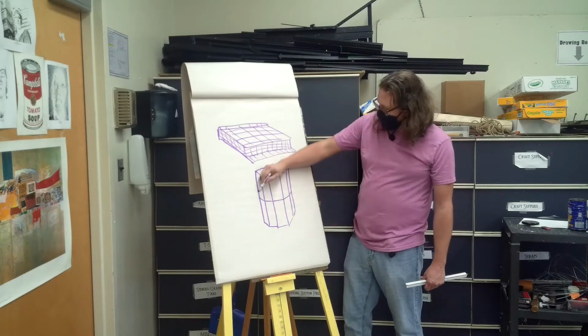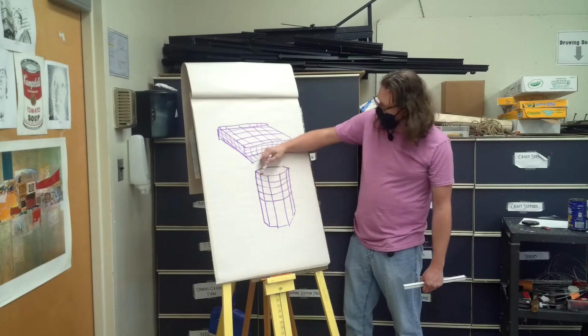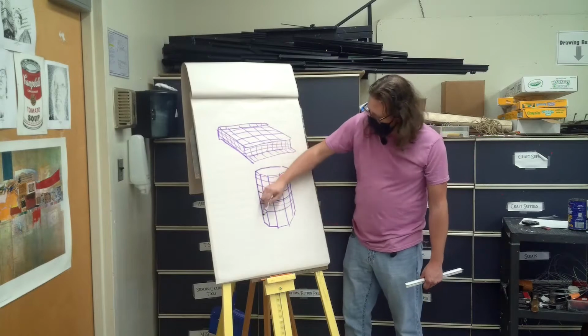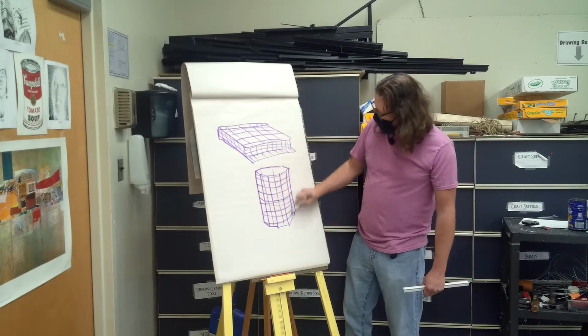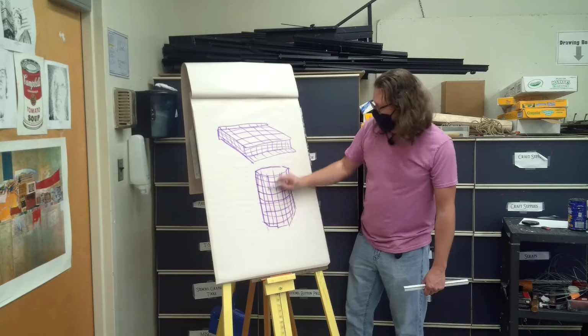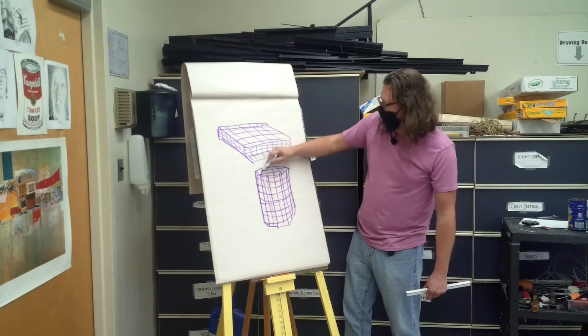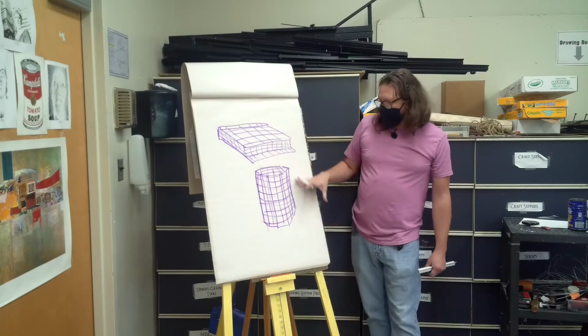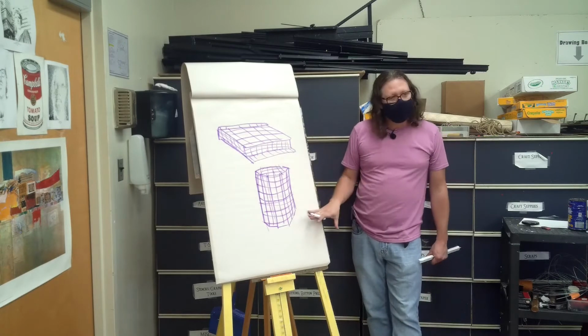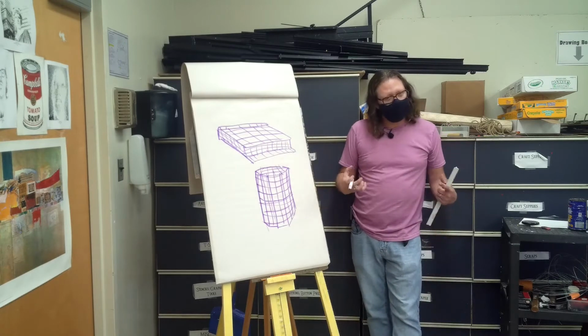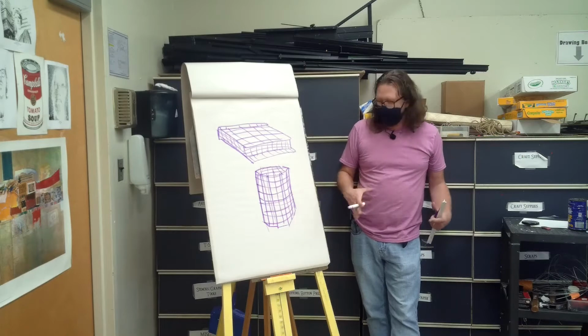But then I'll have students who just can't help it. They just keep going and going, and they just end up splitting this thing up into so many planes, and they'll even maybe take the top and break it up into a bunch of planes. And then, like I said, that has a tendency to want to flatten this object rather than making it feel like something that is solid and three-dimensional.